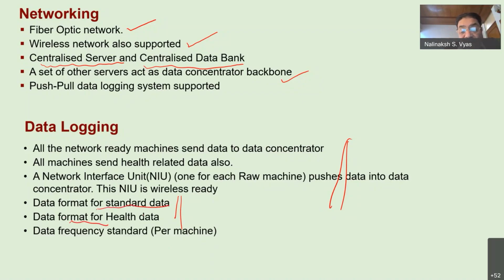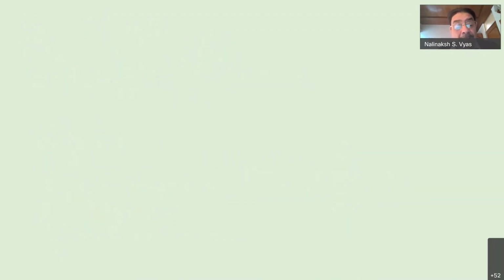What is the standard format you require? What is the frequency in which data is required? Whether you want it 10 samples per second or one sample in 10 seconds, different sampling frequencies for different types of data.